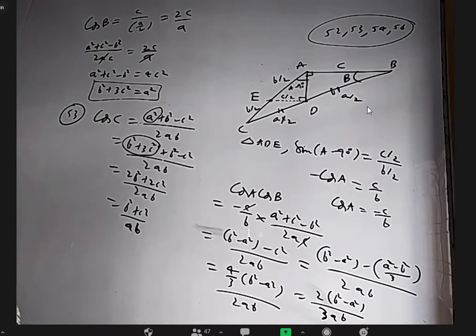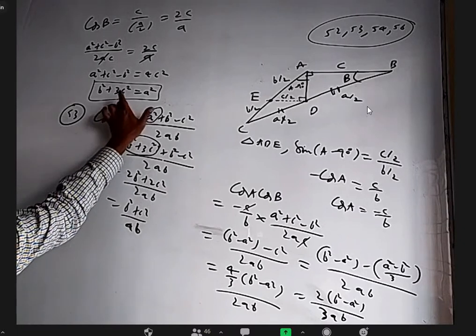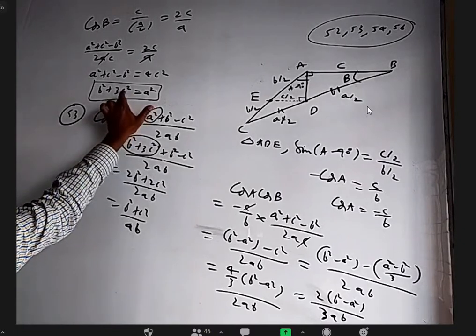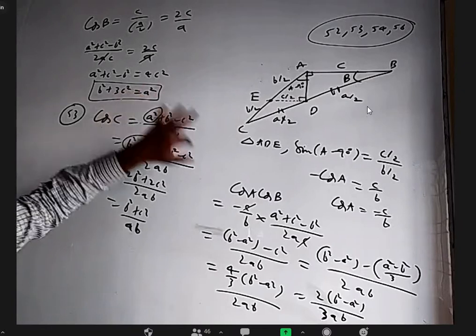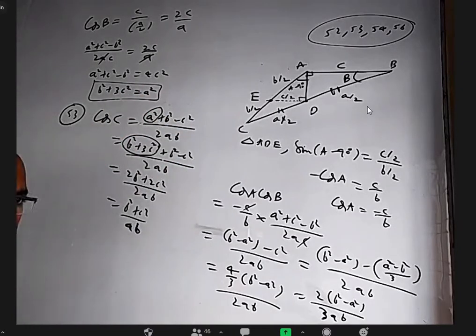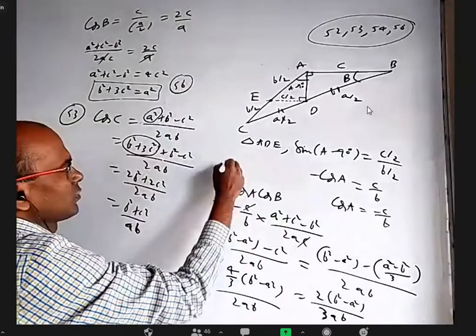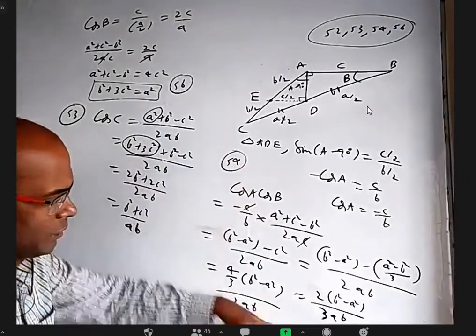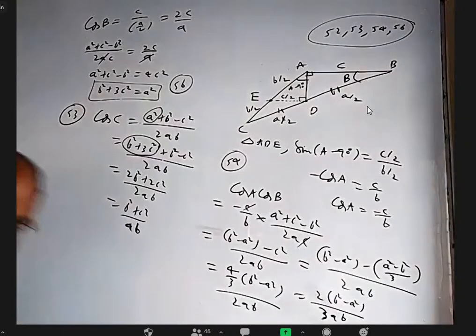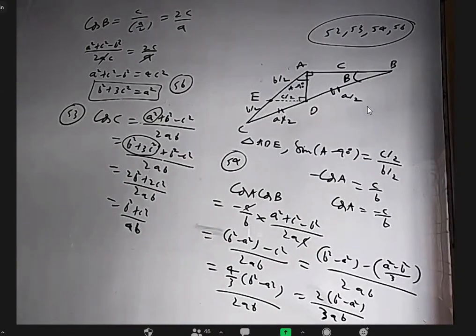And 56 is already done, this one itself, I think. 3b square is a square minus c square, so 3c square is this. Okay, so this is for 56 and this is for 54. This whole thing at the end. Sorry, I changed the question slightly. Then done.